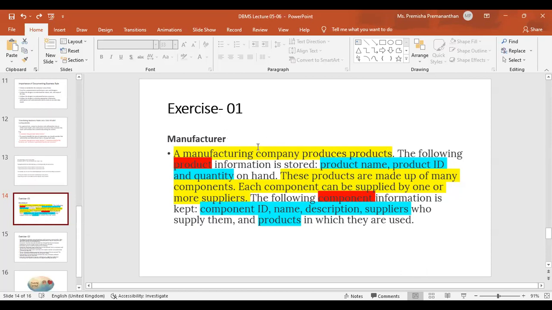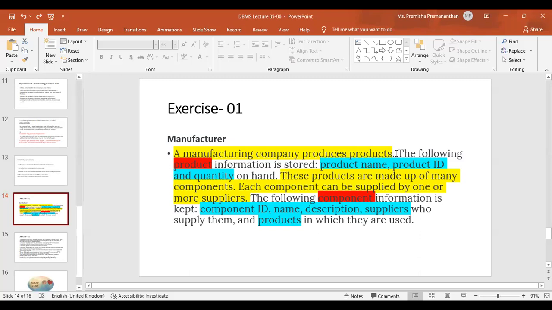So manufacturing company is one entity, and products are another. Produces is the relationship, and there you have a one to many relationship. Likewise, you have to come up with how many business rules there are.